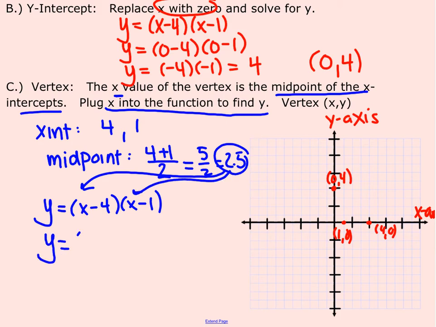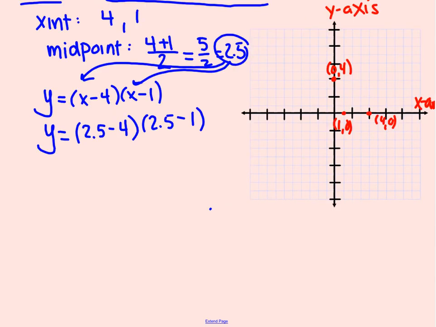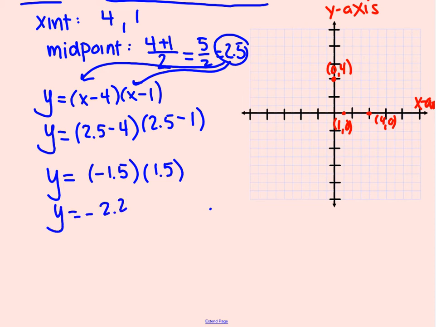So y equals 2.5 minus 4, 2.5 minus 1. Now we simplify it. 2.5 minus 4 is negative 1.5, and then 2.5 minus 1 is 1.5. Now we multiply those two numbers together and we get negative 2.25.